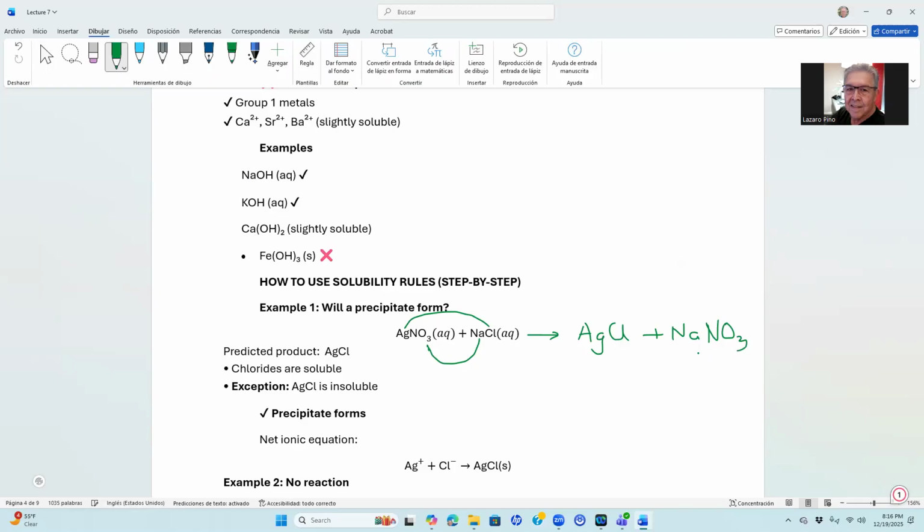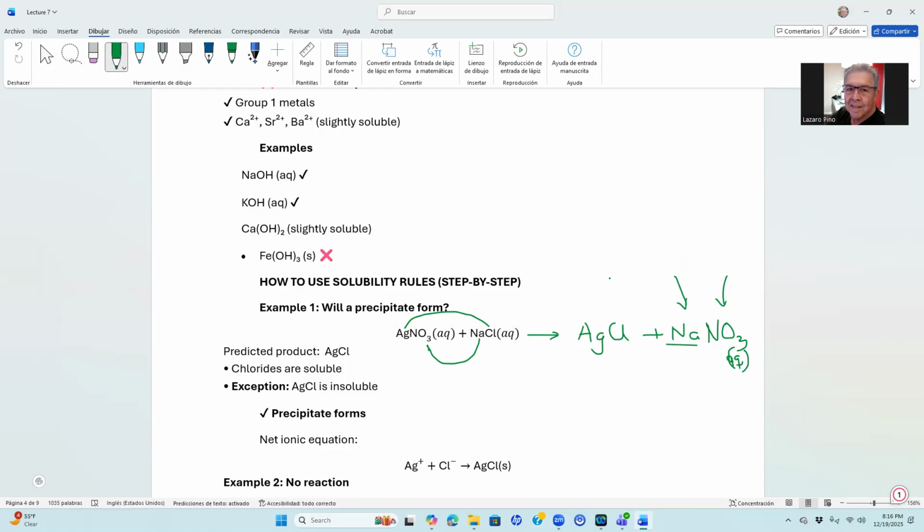According to the solubility rules, all the salts of sodium and all the nitrates are soluble. Then this compound will be in aqueous solution. But what happens with silver chloride?